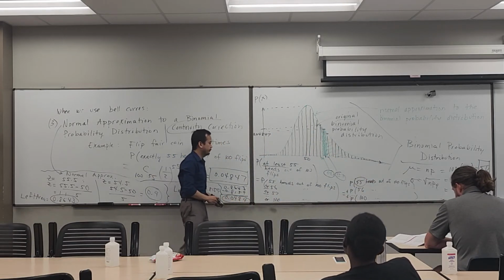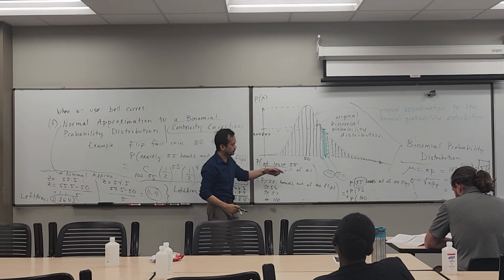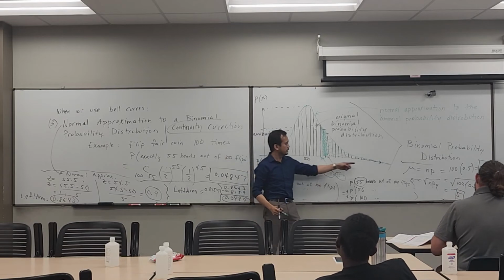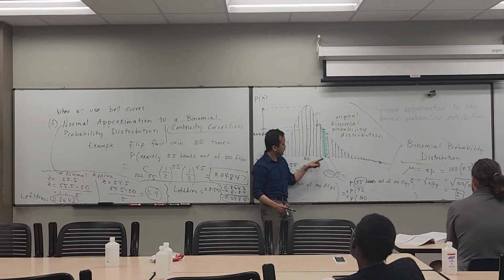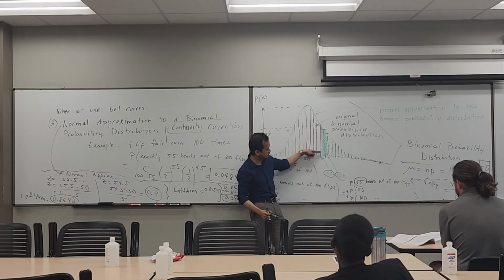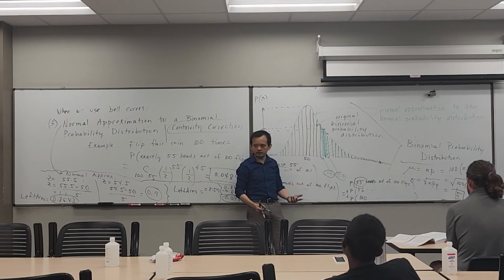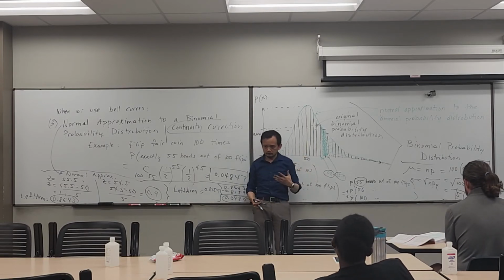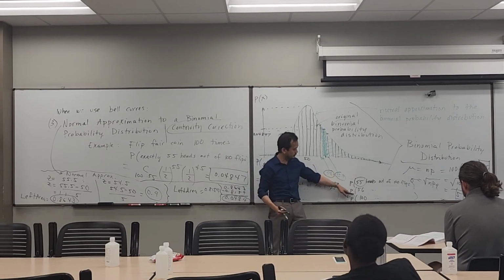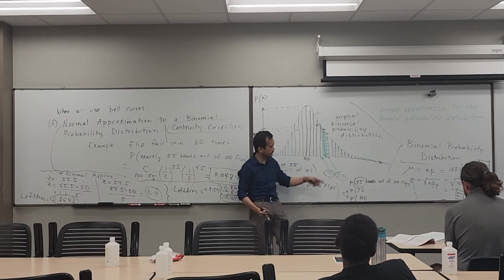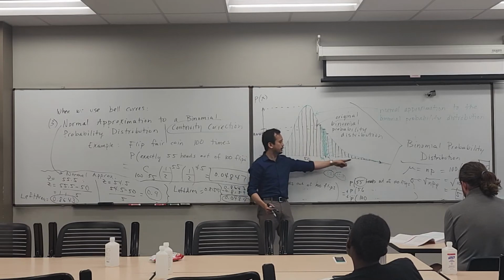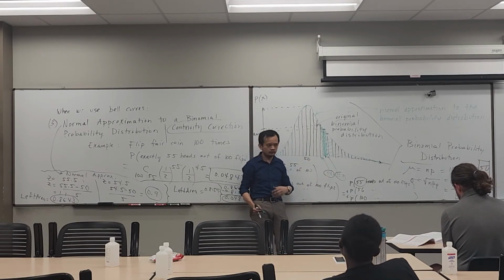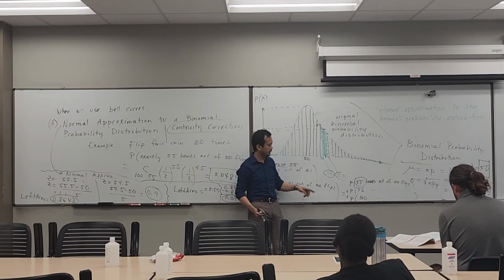So that's what it means to be 55 or more heads out of 100 flips. So now this problem is simply to find the area to the right of where this leftmost edge is. So what would the leftmost edge be? Yeah, 54.5. So to get the answer to this complicated problem, all you have to do is fit this bell curve and find the area to the right of 54.5. And this reduces down to a vanilla bell curve problem.